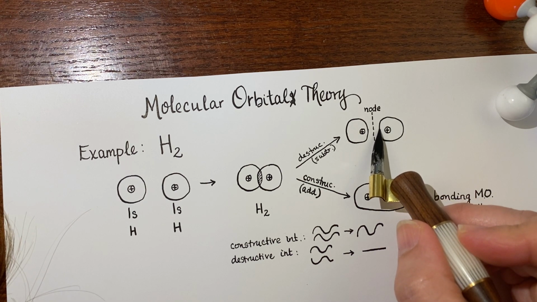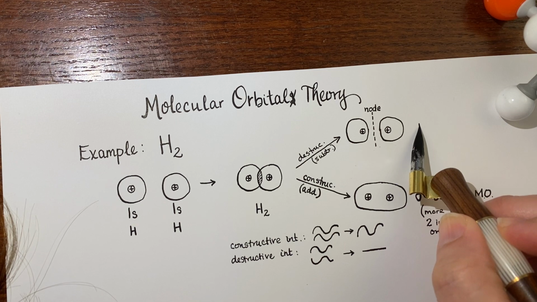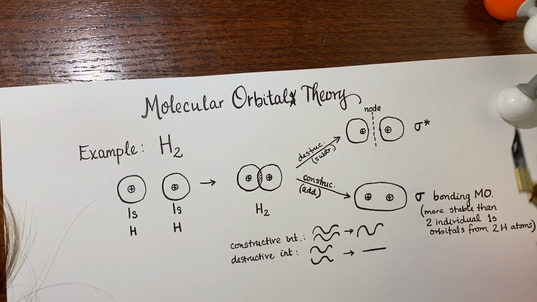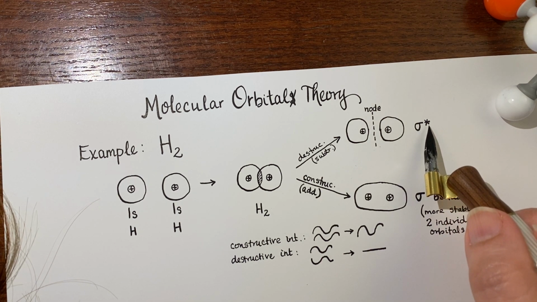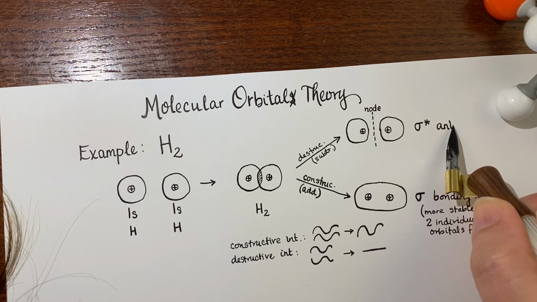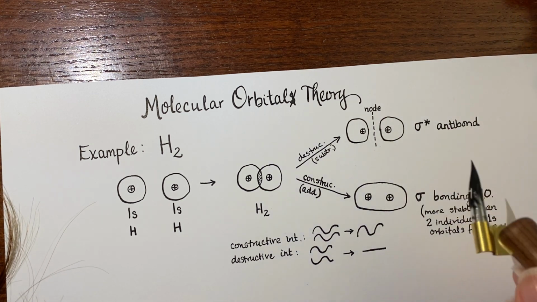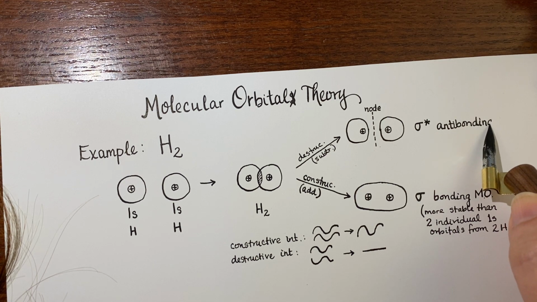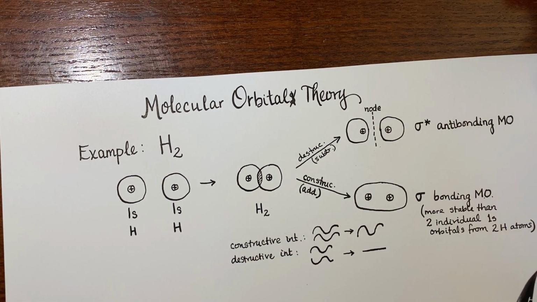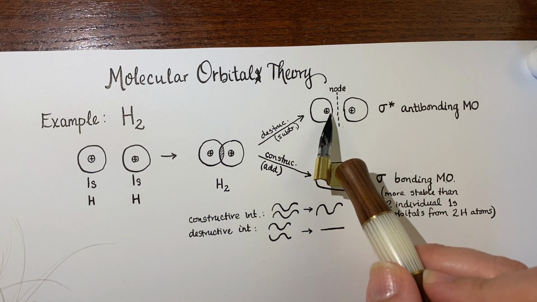So the resulting molecular orbital for destructive interference is called an antibonding sigma orbital. And antibonding is denoted by the star or the asterisk. Okay, this is antibonding. And what we have done here is we have created a situation where there is destabilization. Think of these electrons here.